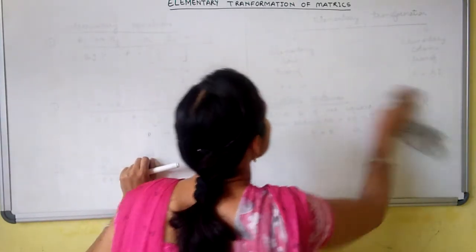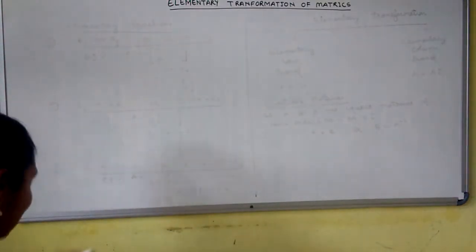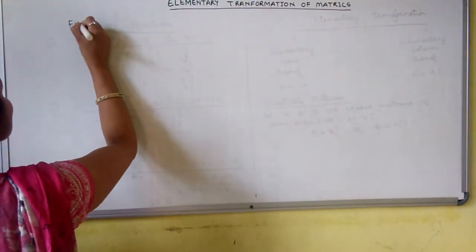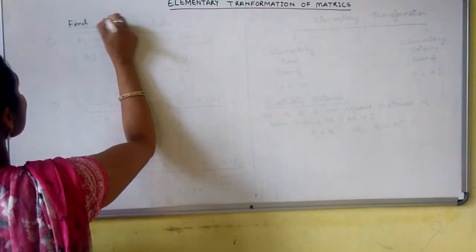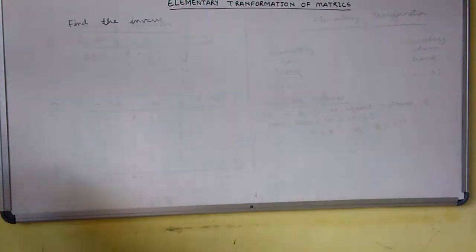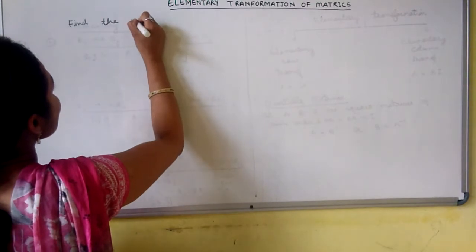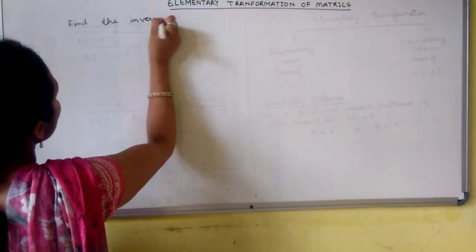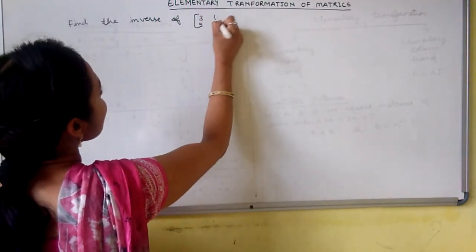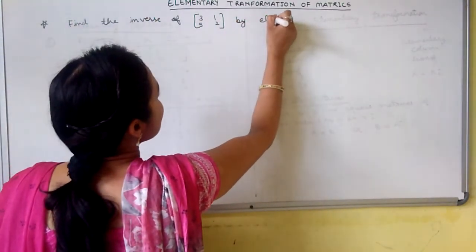The question is: find the inverse of 3, 1, 5, 2 by elementary transformation.